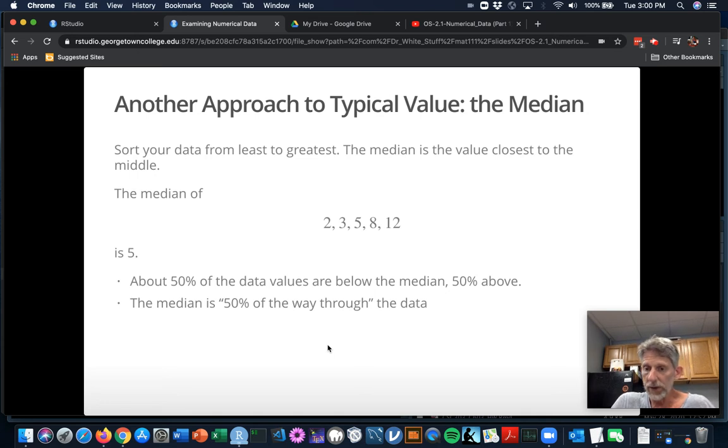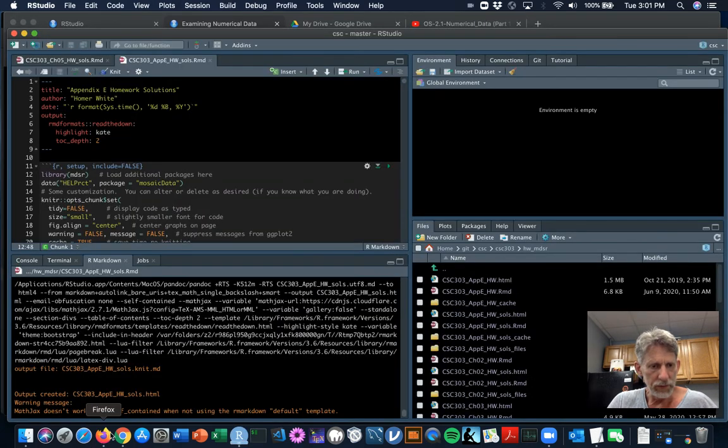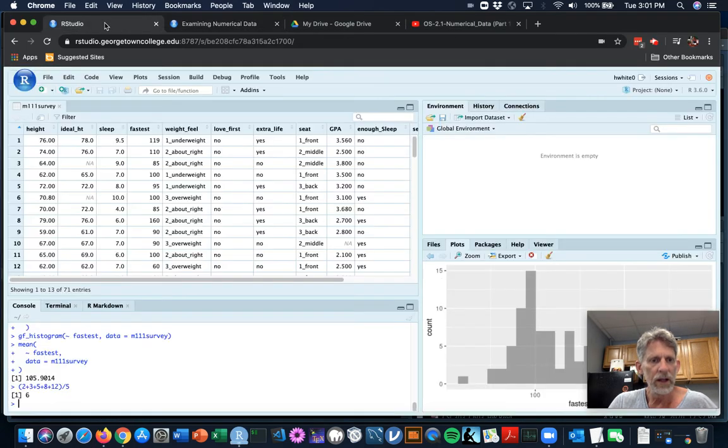I should let you know what it would be like if you had to compute the median when there was an even number of data values. And so let's imagine that back in R, what if your data values were 2, 3, 5, 8, 12, and 14?